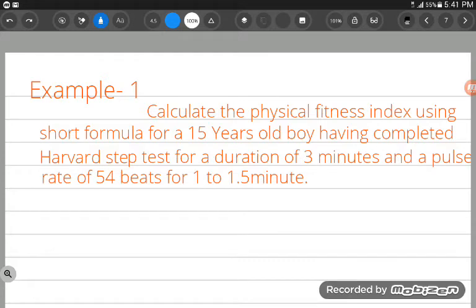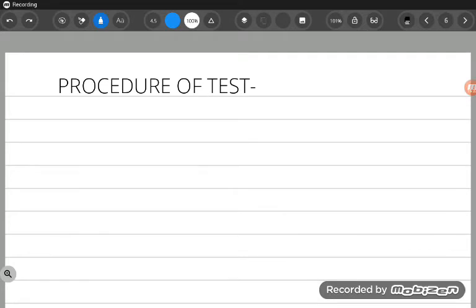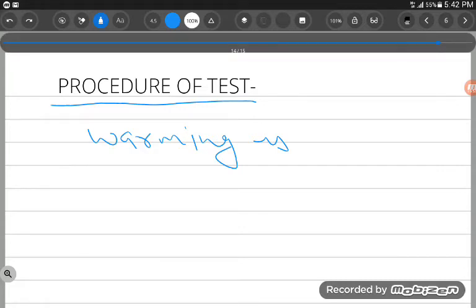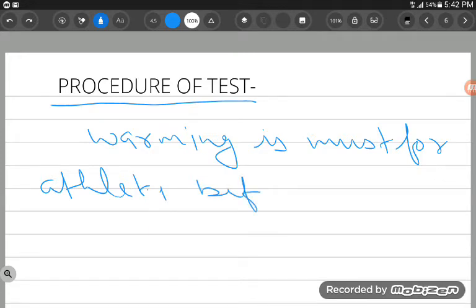Okay, procedure of the test. Before taking this test, warming up is a must for the athlete before the test is conducted.